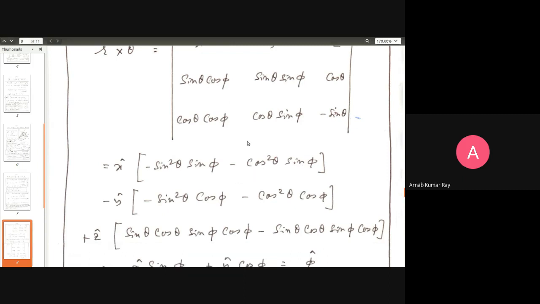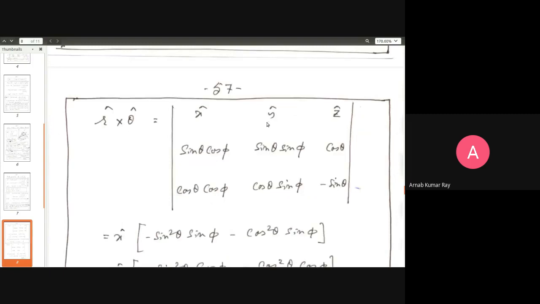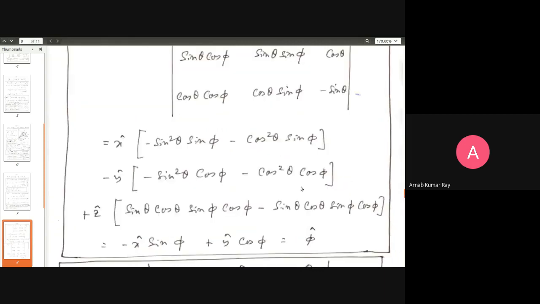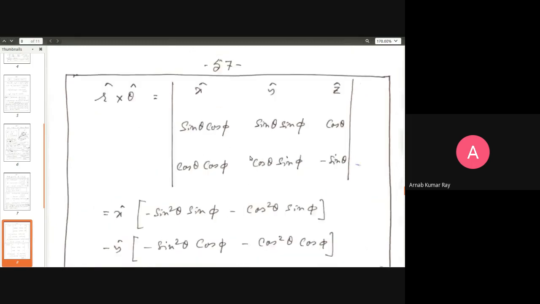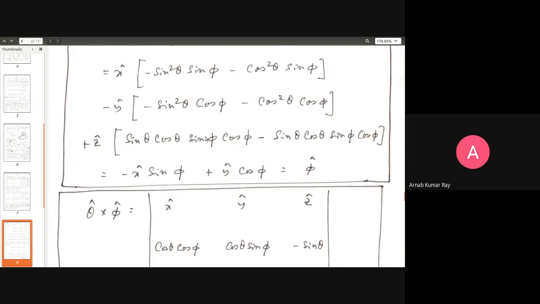Then you will have here minus y cap is minus sine squared theta cos phi minus cos squared theta cos phi. And then finally the z cap unit vector. The z cap unit vector will give you sine theta cos theta sine phi cos phi minus sine theta cos theta sine phi cos phi. There you have these things. These two things will cancel each other. Whereas here, if you look, minus sine phi is a common factor, then you have sine squared theta plus cos squared theta.